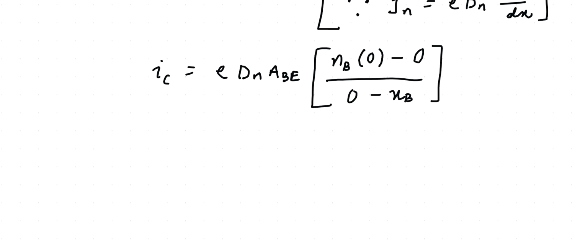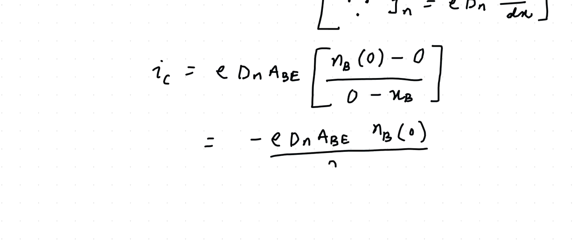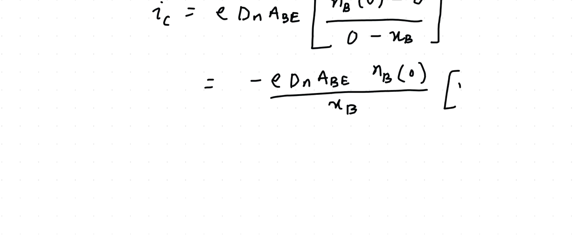So we got this. Now after substituting the value, we got minus E Dn ABE, and then NB at x equal to 0 divided by XB. And you substitute your NB0 value. NB at x equal to 0 was, as we have already written, NB0 and then exponential e to the power VBE divided by VT.